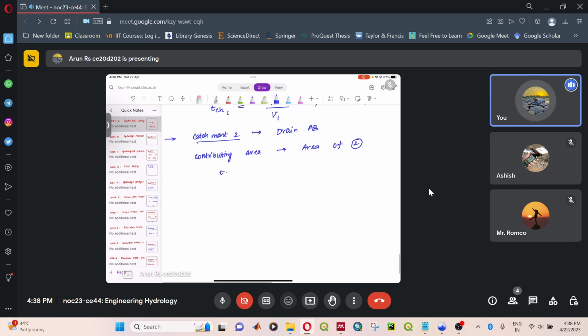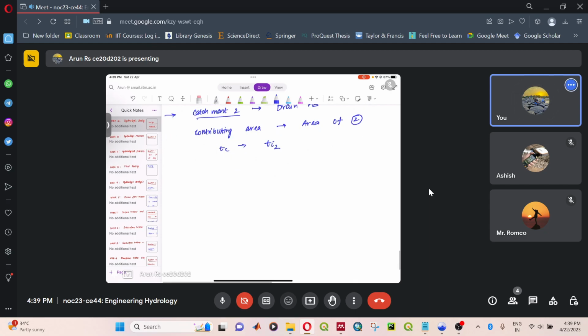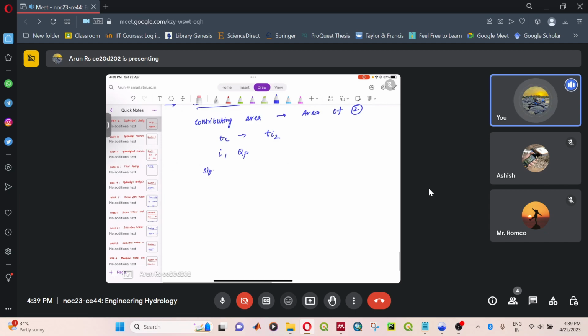And your time of concentration will be Ti2, and once you get that, you can find out intensity and the peak discharge. Then you will calculate the size of drain AB.